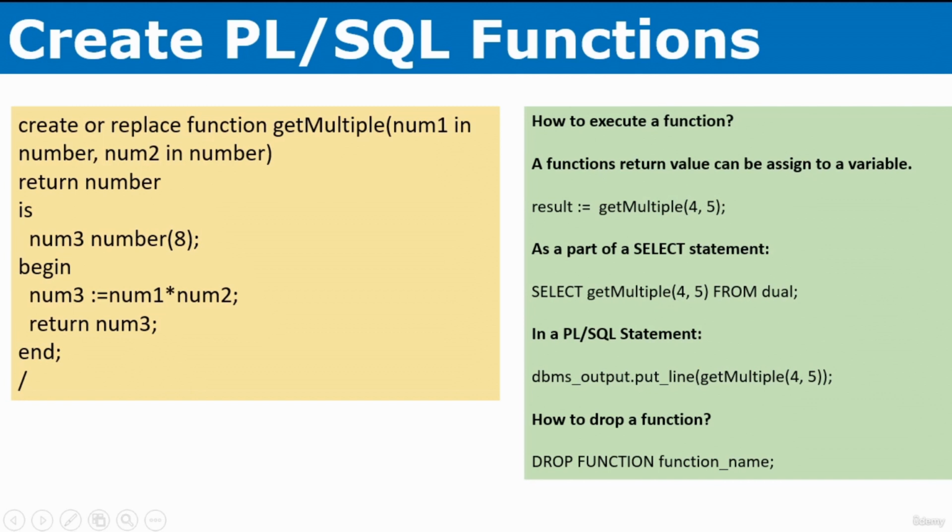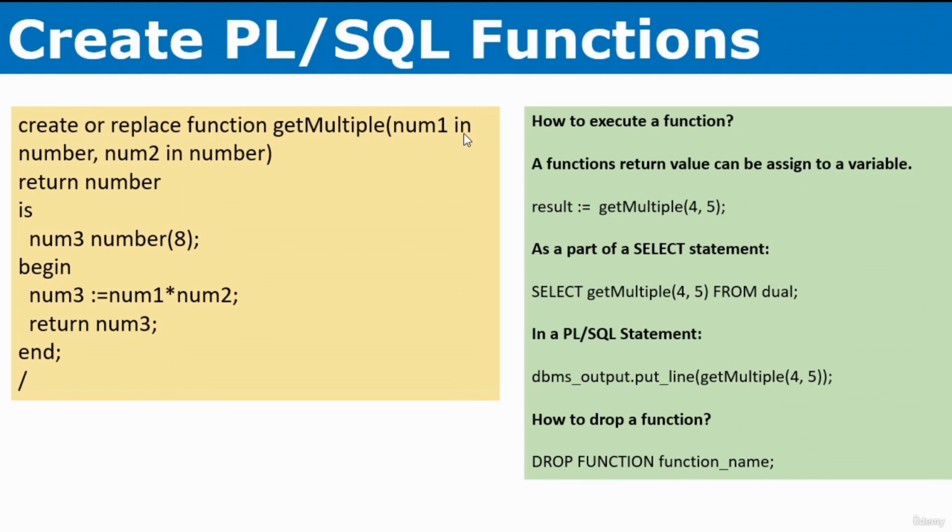A function basically returns a value that can be assigned to a variable. So here we have a value called result, and it's going to be assigned to the function which is called getMultiple, and we are passing it the 4 and 5, which basically are the parameters.